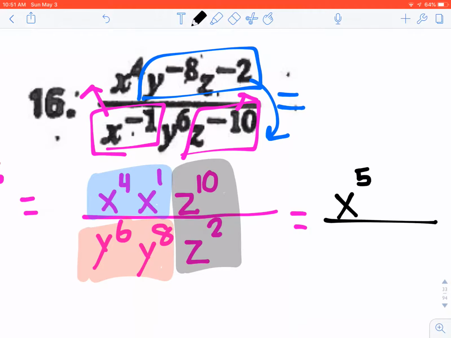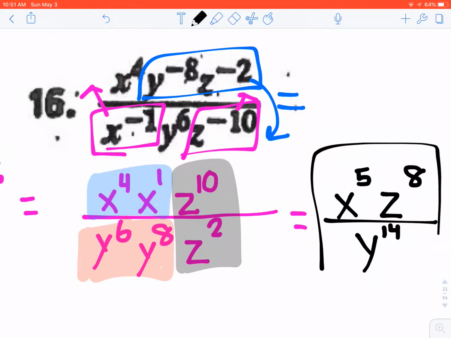The z, when you divide same base, you're subtracting. Okay, keep the answer where the bigger exponent is. So 10 minus 2 is 8. Keep it on top. And then the y, you multiply same base, you're adding exponents. So y to the 14th. So your solution is x to the 5th, z to the 8th, over y to the 14th.